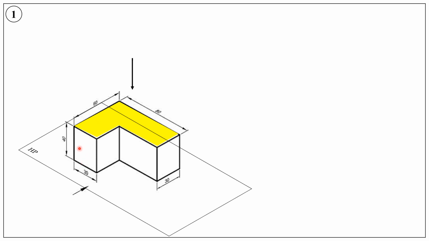All other surfaces, this one, this one, this one, this one, are all perpendicular to the horizontal plane of projection. Therefore, the top view is similar to the geometry of the region shaded in yellow color.